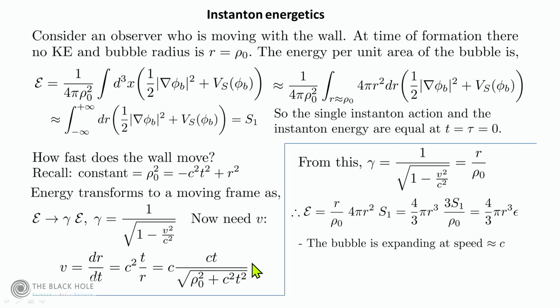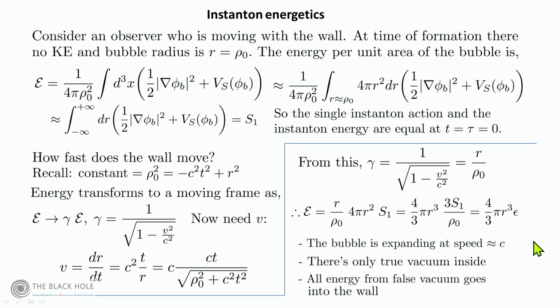Now the bubble is, you can see from here, V is equal to c, ct over this. And as t becomes large, you can forget about that. The bubble is expanding at the speed of light with only the true vacuum inside. So the steam is taking over the water.